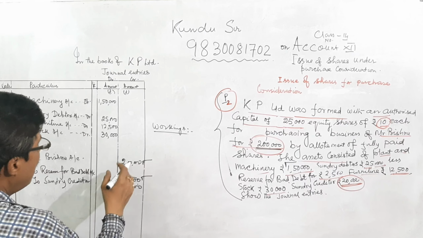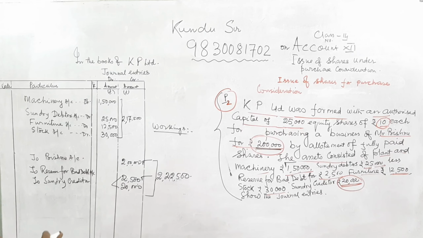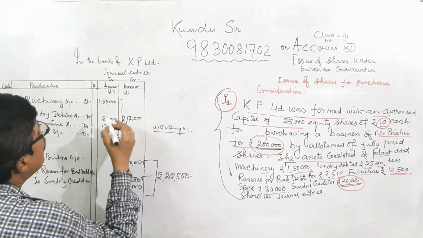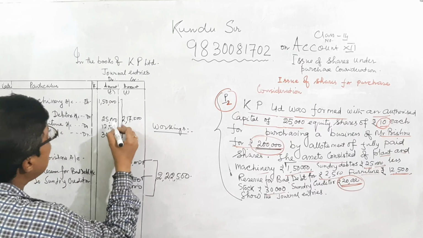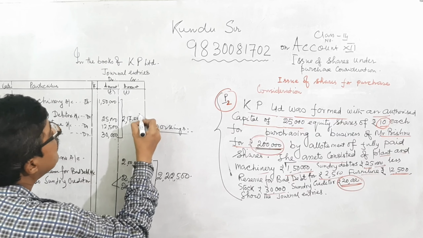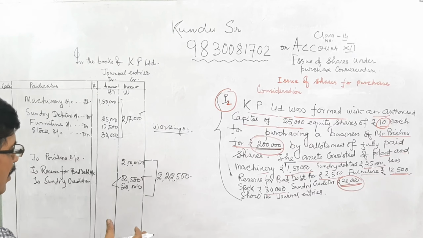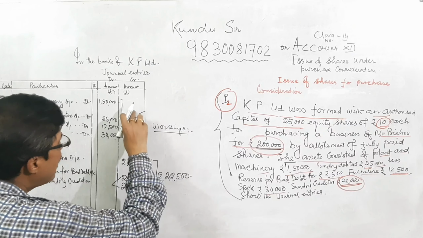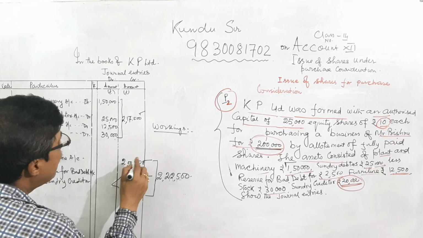for the net purchase consideration we are adding the assets: 1,50,000, 25,000, 12,500 and 30,000 is the asset. But you take the net effect, this minus this.